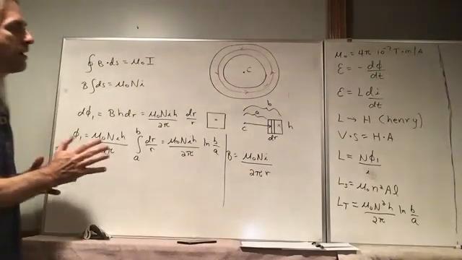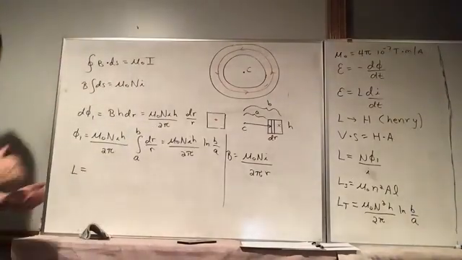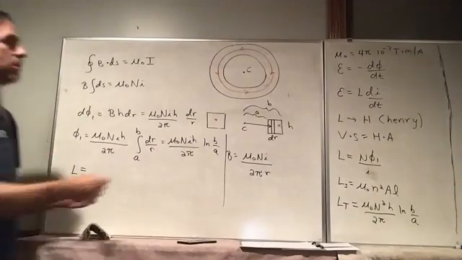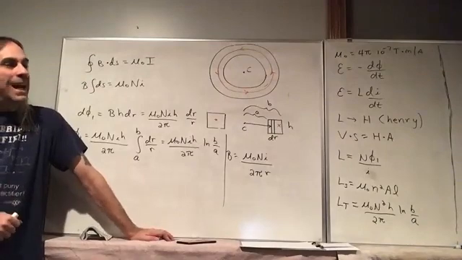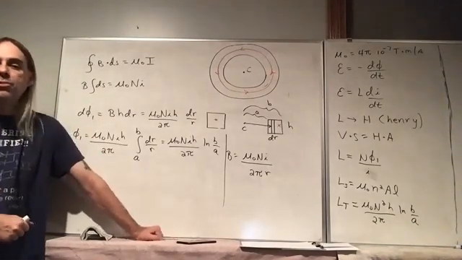And again, in order to calculate the inductance, you need to be able to find the flux through your device overall. That's not always easy to do, especially in an analytic way.